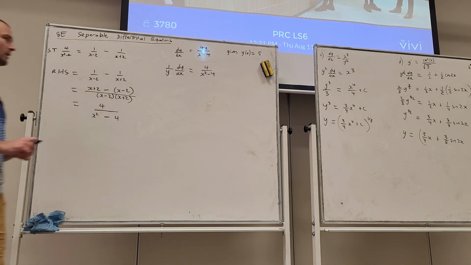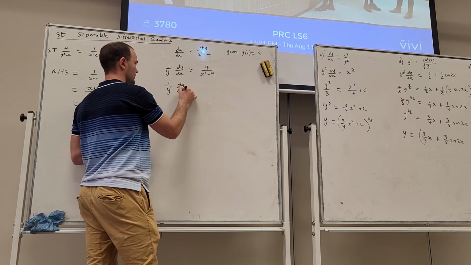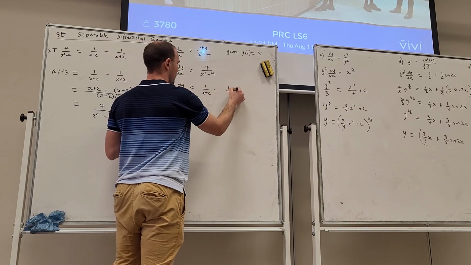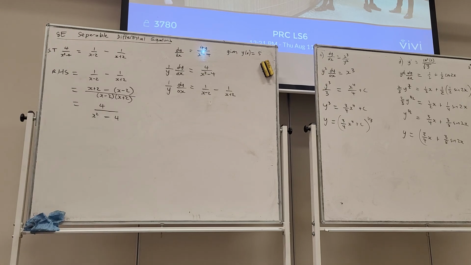Okay, so I'm going to make the equality statement first, and then I'm going to perform the integral. So this is equal to 1 on x take 2, take away 1 on x plus 2. Integrate both sides with respect to x.